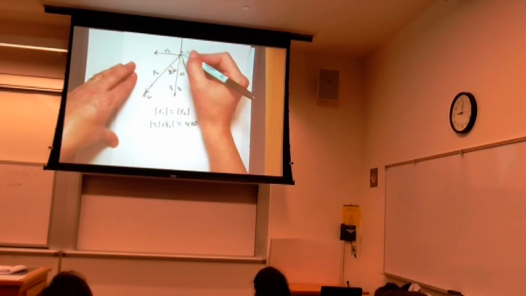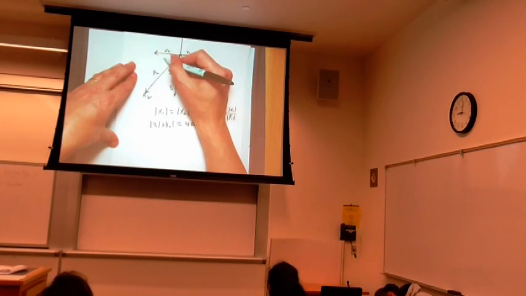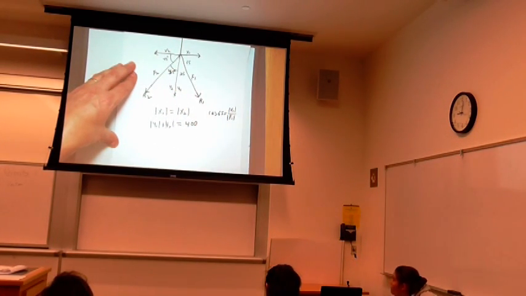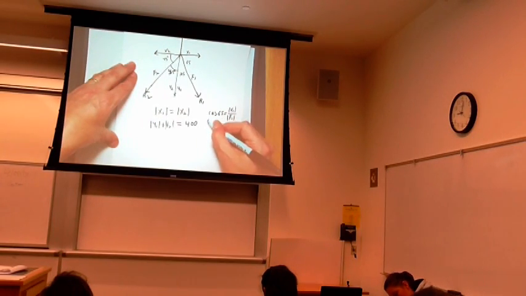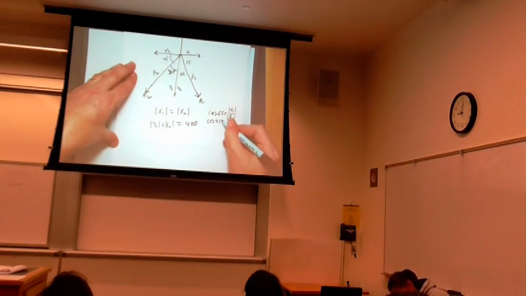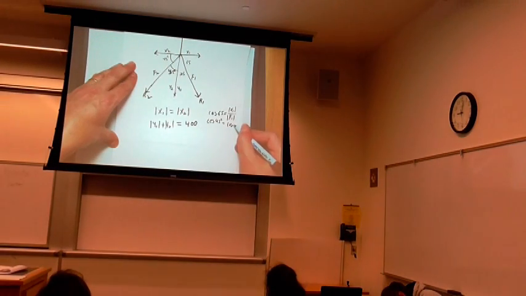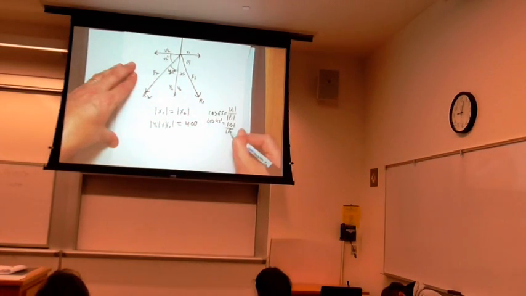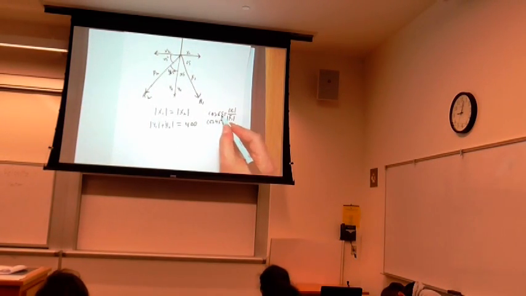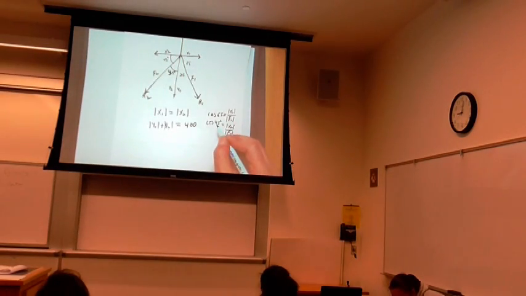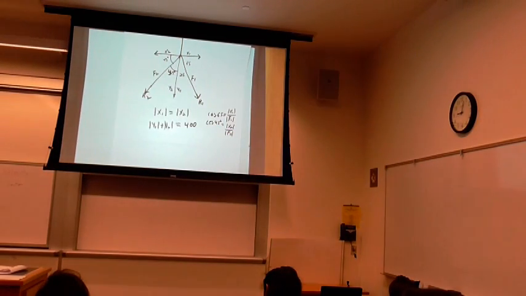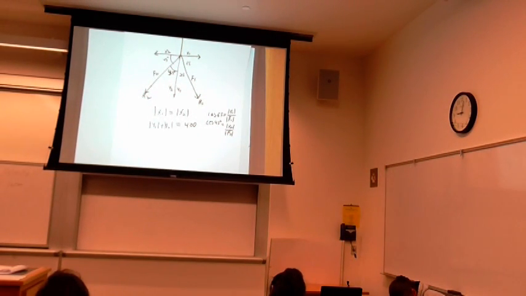How about x2? Well, here we have 45 degrees, so it's the same thing. Cosine of 45 degrees equals the magnitude of x2 over magnitude of F2. Well, cosine of 65 and cosine of 45 degrees are actually numbers. Cosine of 45 degrees, we actually know the exact value, but let's just leave them in that form for the moment.